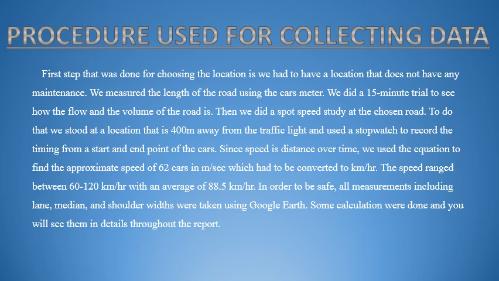Since speed is equal to distance over time, we used the equation to find the approximate speed of 62 cars. All the measurements including lane, median, and shoulder width were taken using Google Earth. Some calculations were done and we will see them in the coming slides.